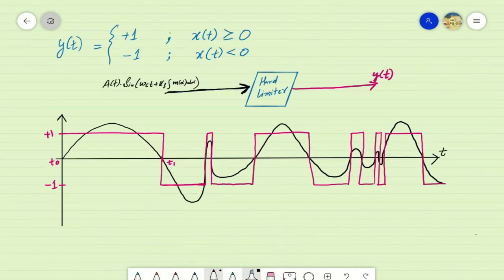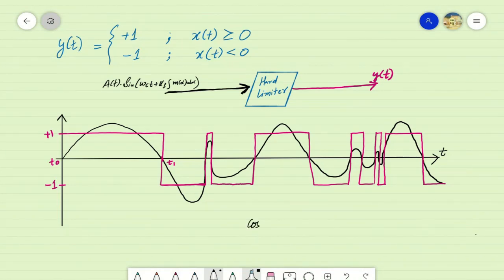It can be observed that the hard limiter's output is a square wave of unit amplitude regardless of the incoming sinusoid's amplitude. We know that square waves can be expanded through Fourier series expansion.